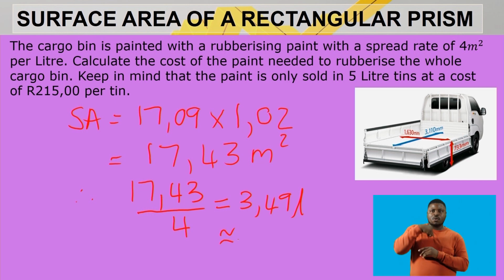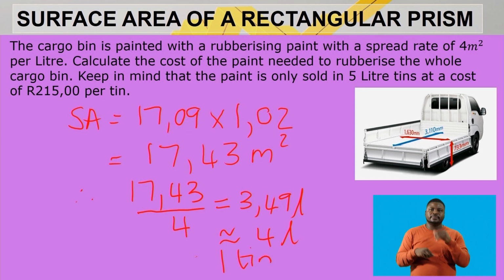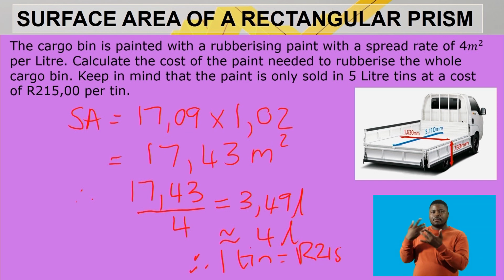So we will need 4 liters in total, and that will be 1 tin. So our cost will be 250 Rand. So let's just recap. 1 tin will be needed and it will be 250 Rand.